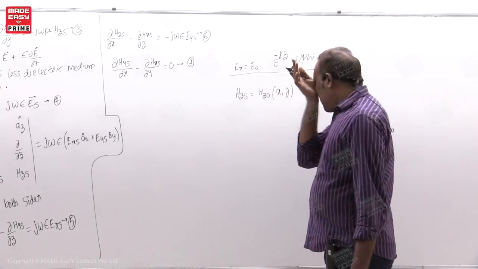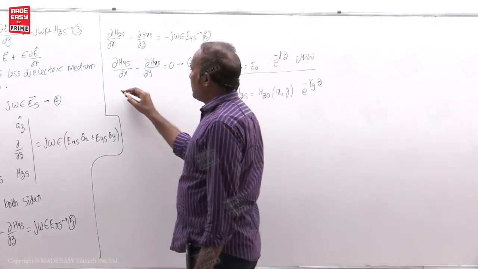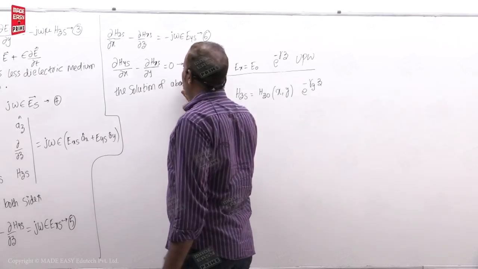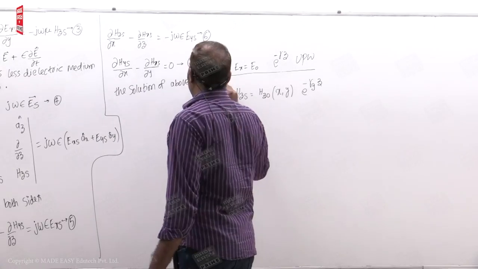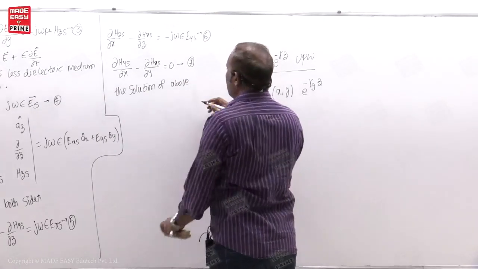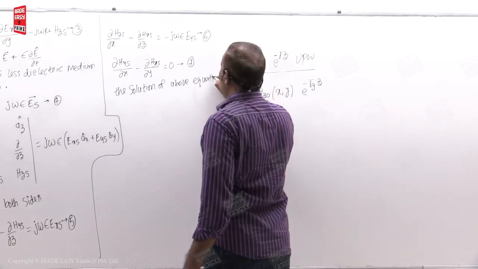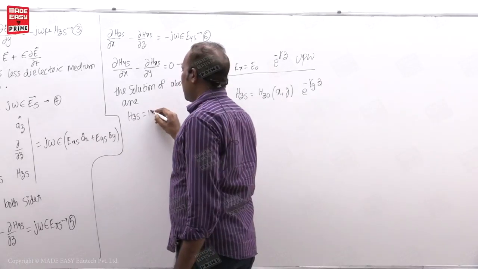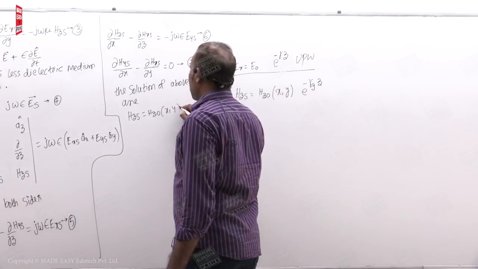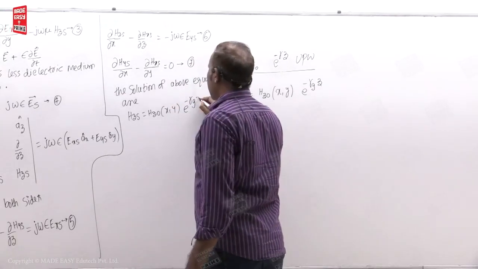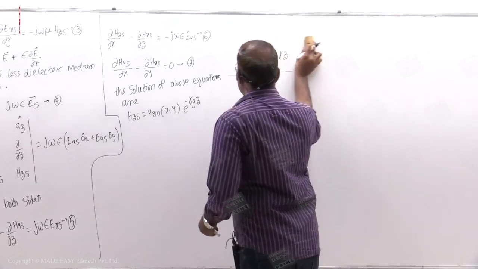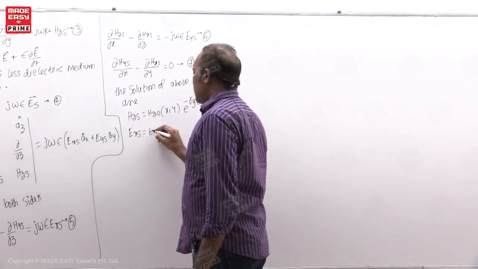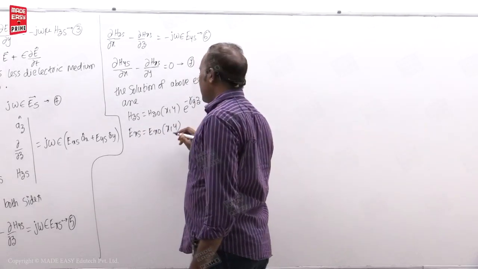Now, the solution of the above equations are, for example, Hzs is equal to Hz0, a function of x, y, e power minus gamma g into z. Similarly, Exs is equal to Ex0, a function of x, y.